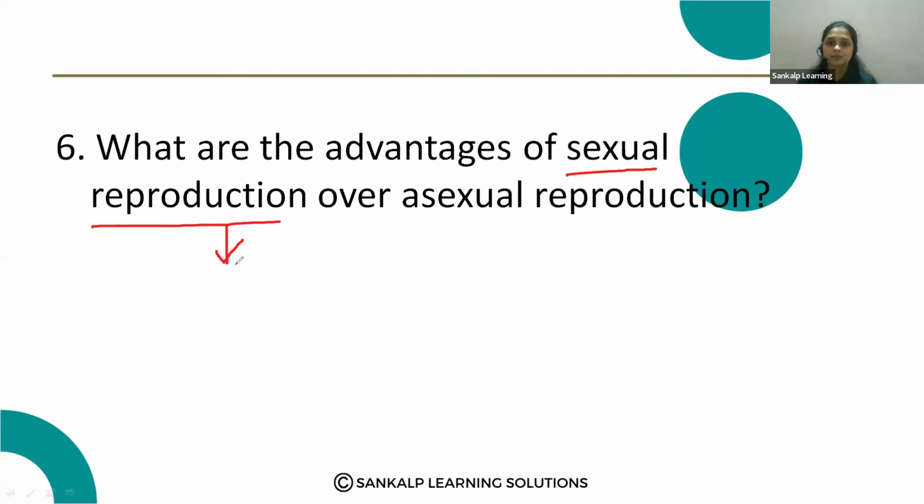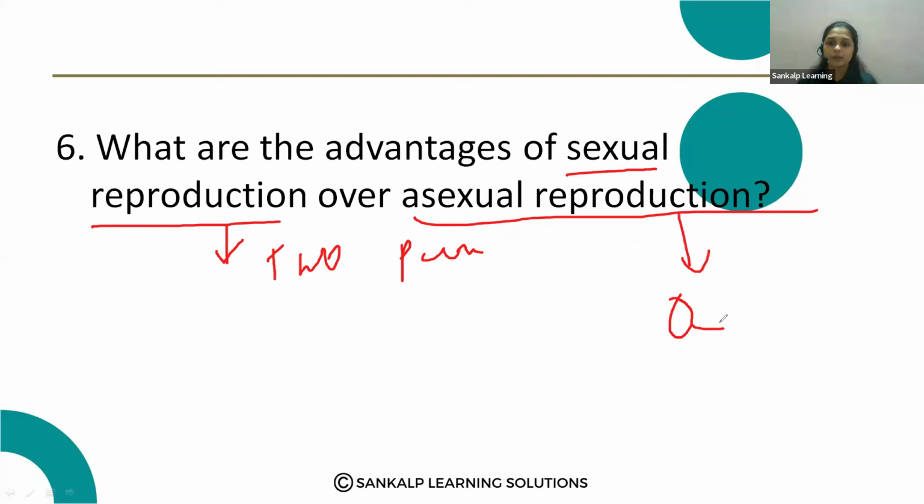It means it involves two parents. Two parental organisms are involved to produce the new organisms. In asexual reproduction, we can observe only one parent that is able to produce the new organism.